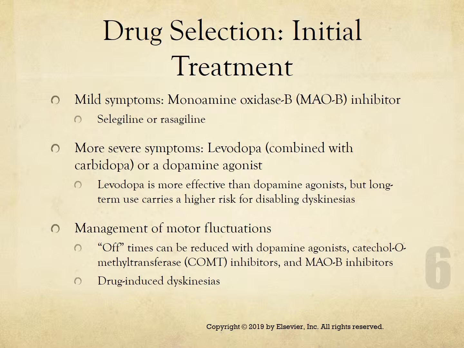What do you do for management of the motor fluctuations? Off times can be reduced with dopamine agonists, with the COMT inhibitors, and MAOB inhibitors.